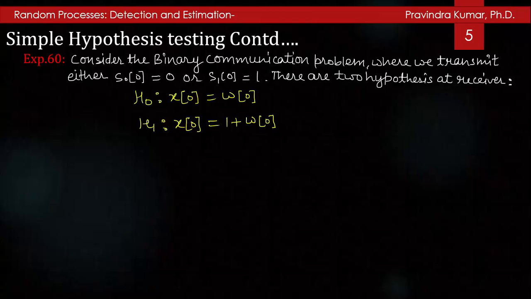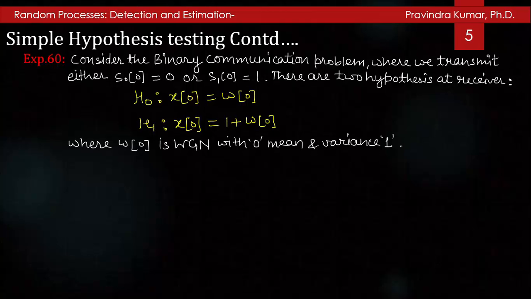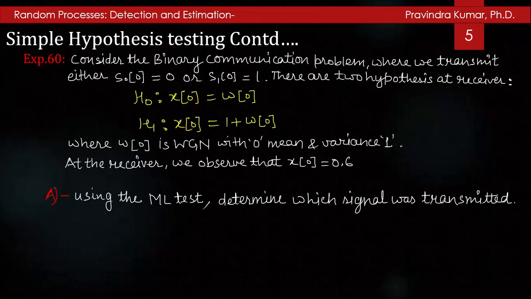Hypothesis H0 corresponds to x0 = w0, and hypothesis H1 corresponds to x0 = 1 + w0, meaning a DC level in noise, where w0 is white Gaussian noise with zero mean and variance 1. At the receiver, we observe x0 = 0.6. This is similar to a question in the previous lecture. Using the ML test, determine which signal was transmitted.